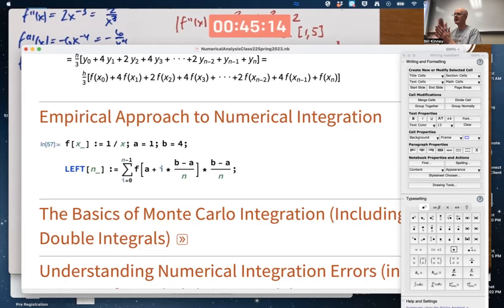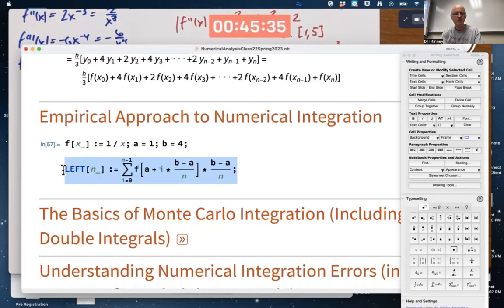Over each interval, I'm taking the left endpoint, which is this thing, plugging it into the function to get the height, multiplying times the width. I'm computing an area of a rectangle, and then I'm adding those up. It's the left endpoint of each interval because I start i at 0 and go to n minus 1.